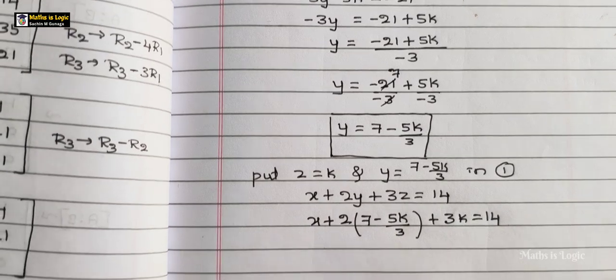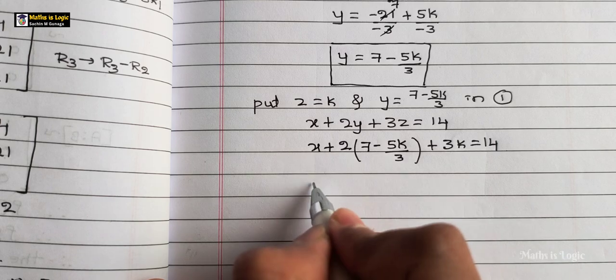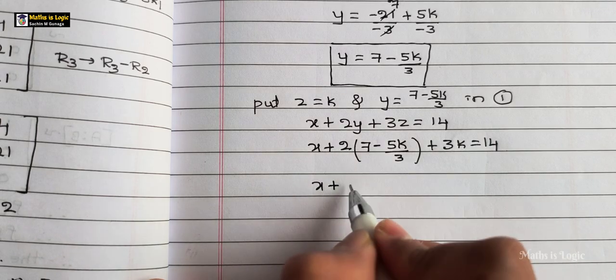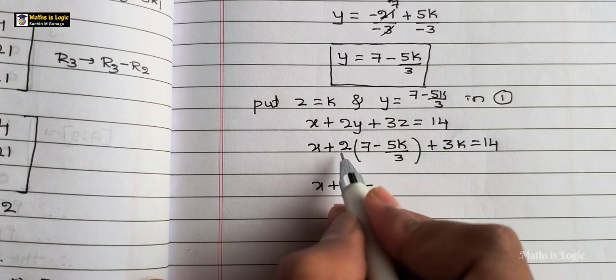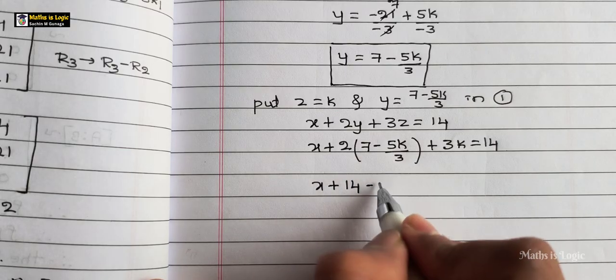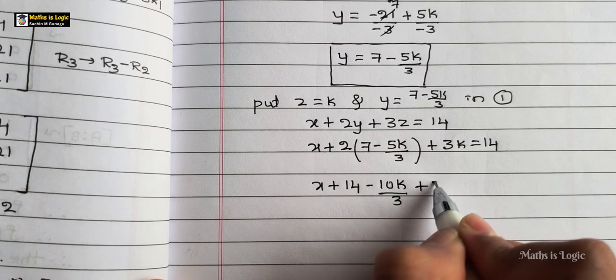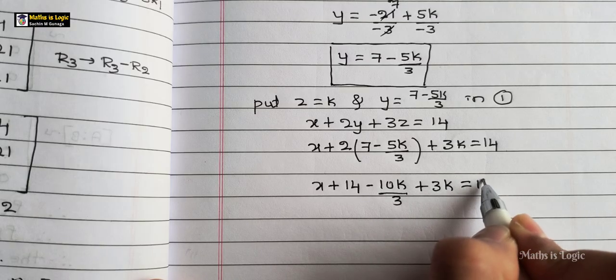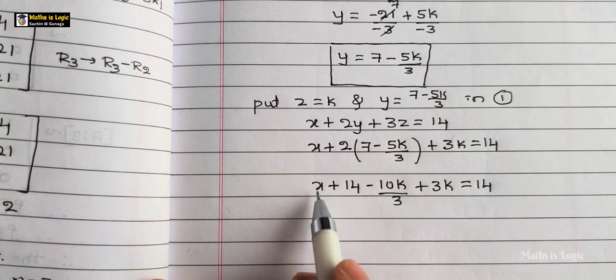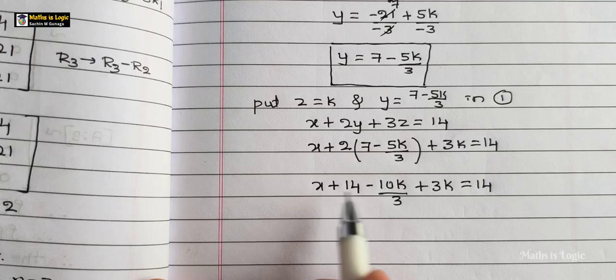Open the bracket. x plus 2 into 7, 14, minus 2 into 5, 10k divided by 3, plus 3k is equal to 14. We need the x value, therefore shift these values to the right hand side.